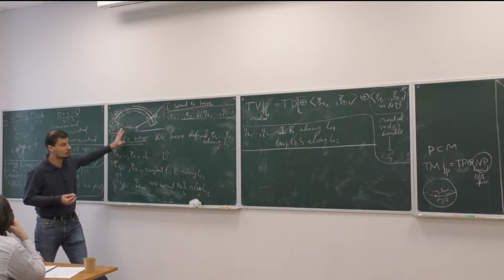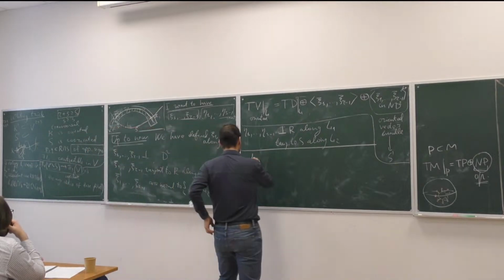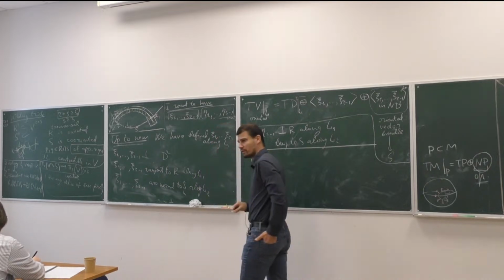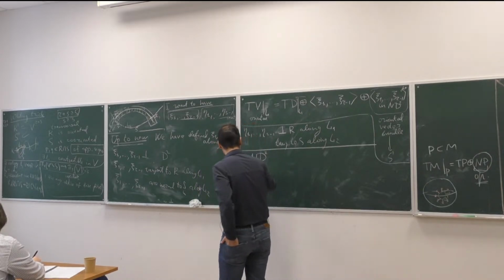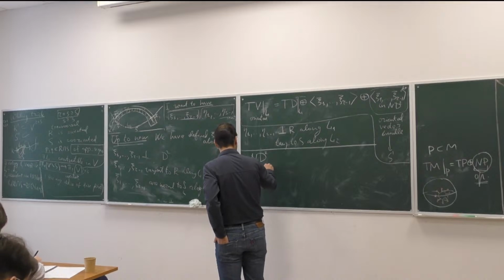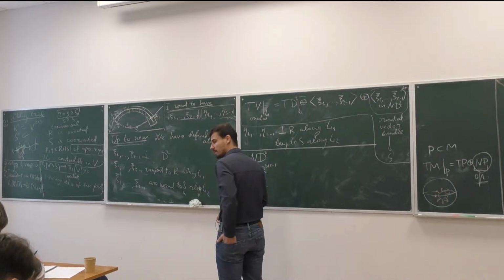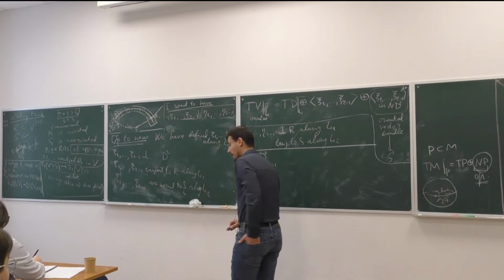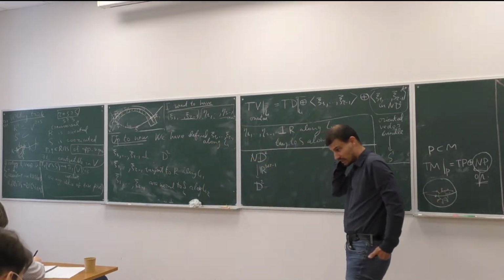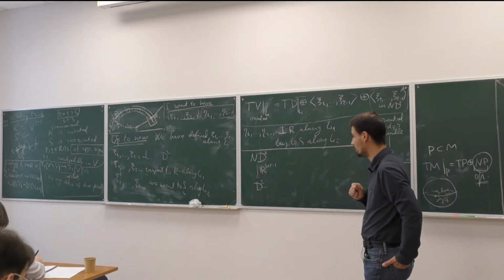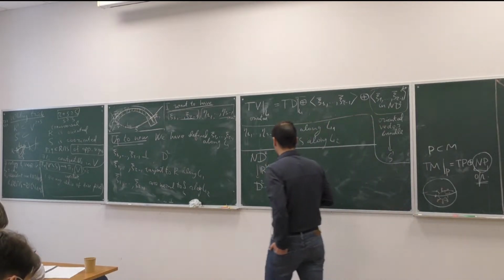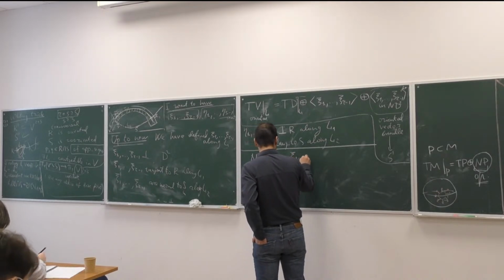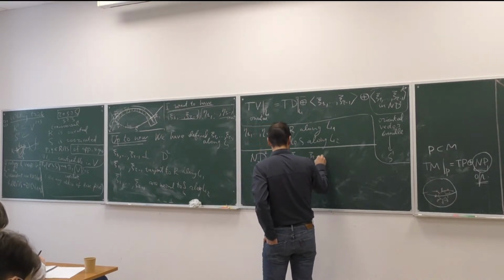So what is interesting to us is the following: we have a normal bundle over the disk. This is a bundle of dimension R plus S minus 1 over the disk. And we have already chosen a trivialization of this bundle. Frame means trivialization.